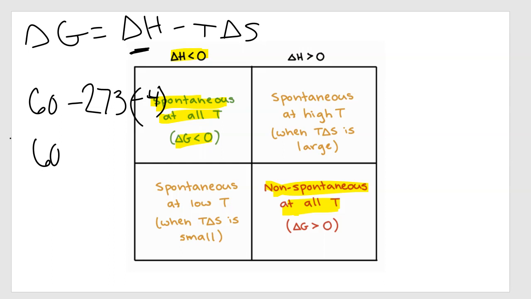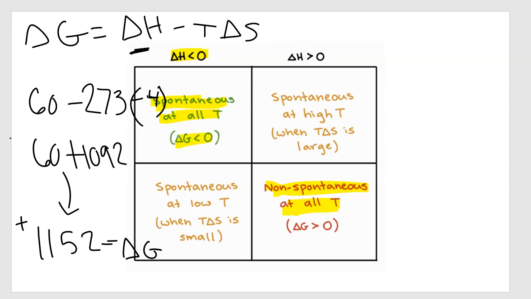So then we would have 60 plus 273 times 4, which is again 1092. So you get 60 plus 1092, and you get 1152. And this is a positive number, so delta G is positive again. Therefore, it is non-spontaneous, because remember, non-spontaneous reactions are endergonic reactions in that they require energy to be put into the system.